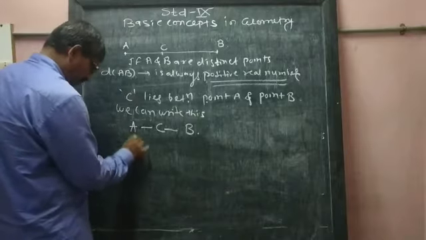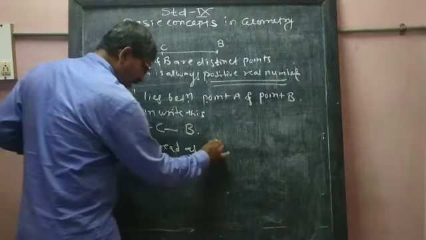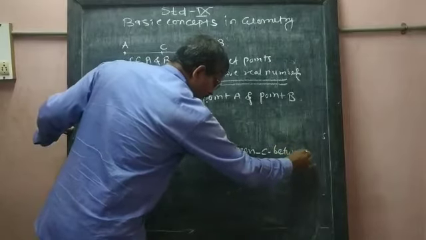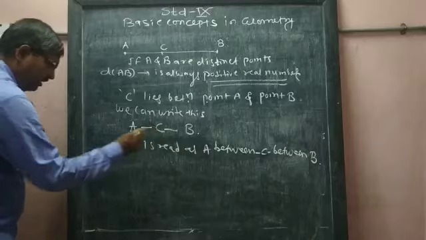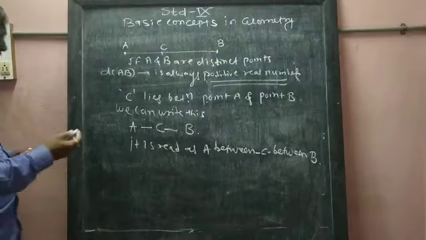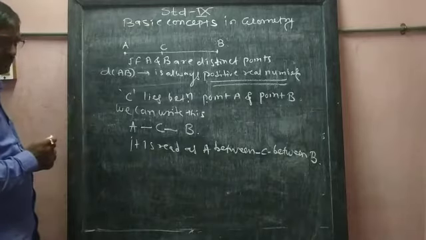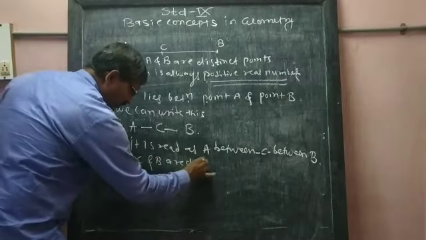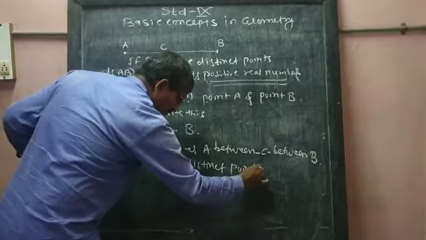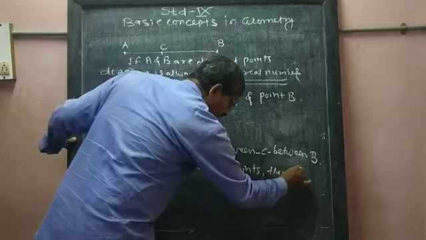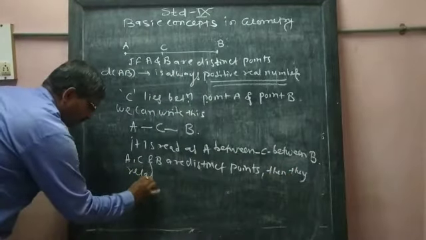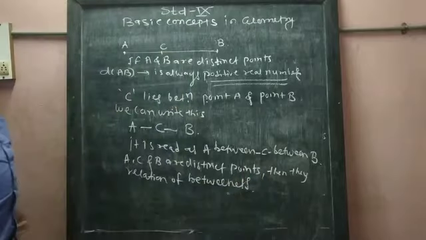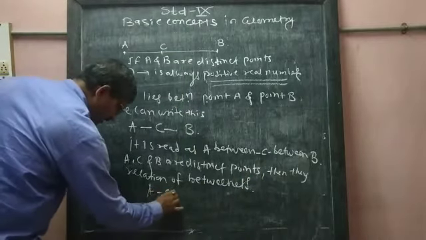It is read as C is between A and B. Therefore, when there is a relation of betweenness, if A, C and B are distinct points, then they have a relation of betweenness, and it is written A-C-B.